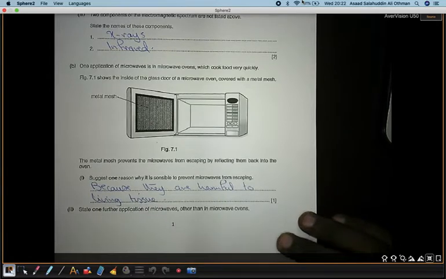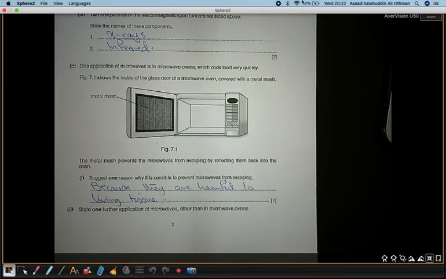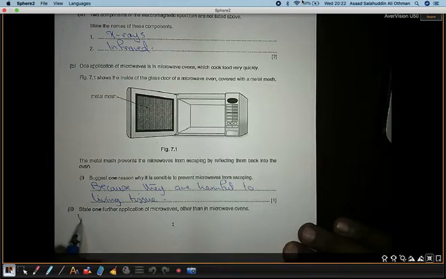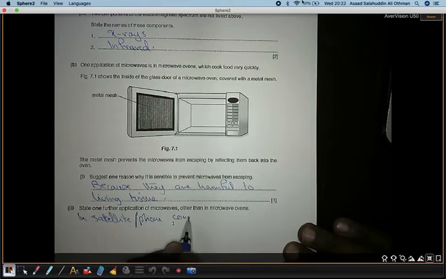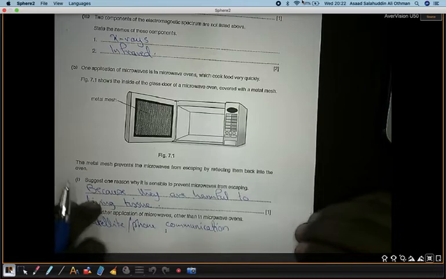All right, that's why we don't want them to escape. State one further application of microwaves other than the microwave ovens: satellite phone communication. All right. Now this is the first page, and let's move on to the next part.